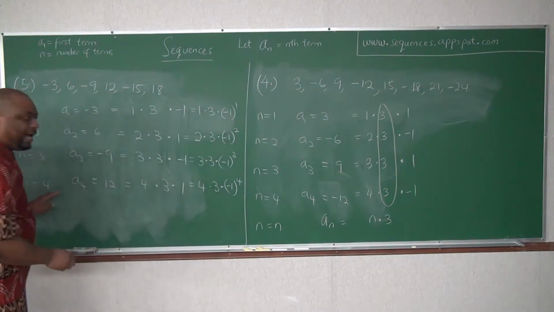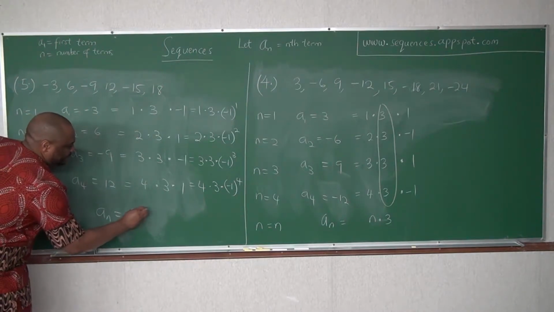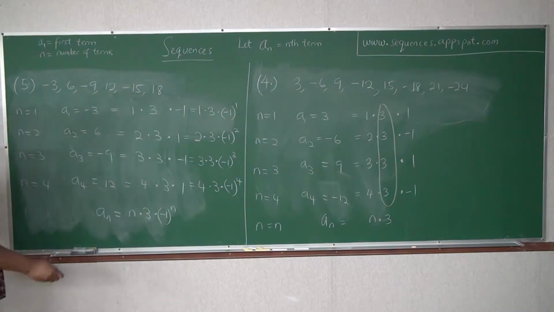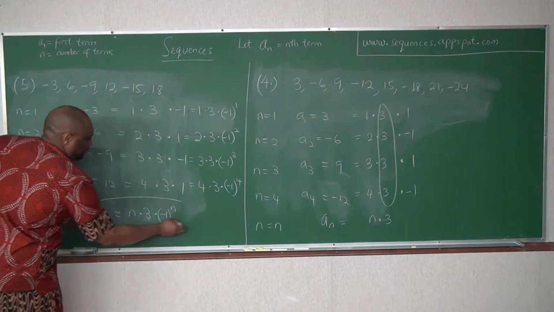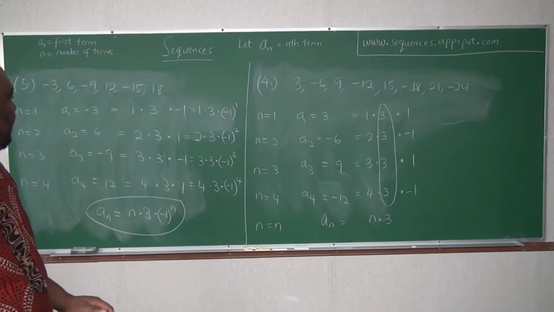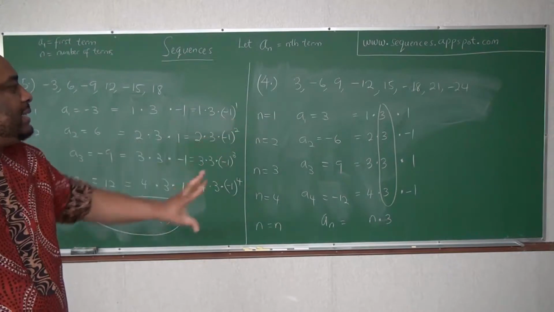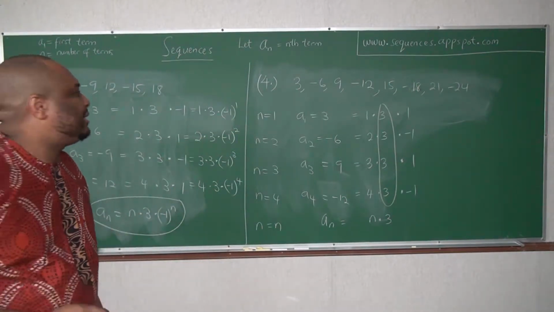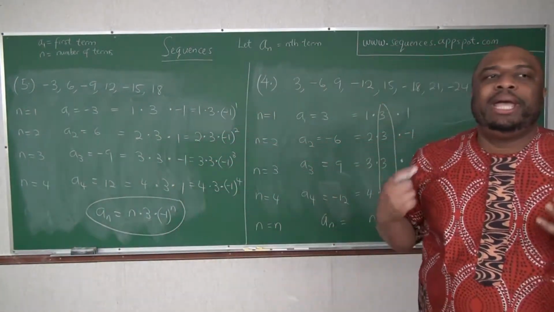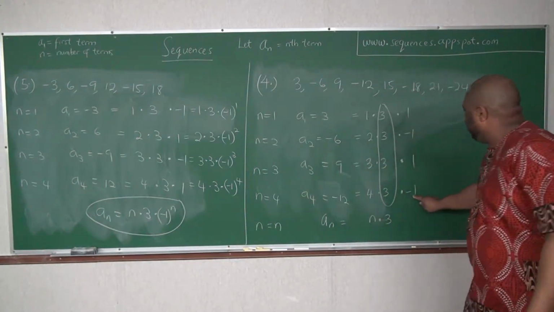So you see here that the n term is n times 3 times -1 exponent n. This is the n term for this. However, this one is pretty straightforward. With the other, you have to figure out what you are going to do in this case. We have to make sure that the even terms will be multiplying by -1.